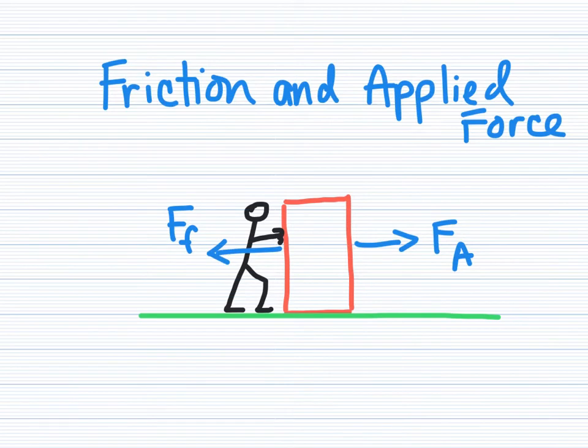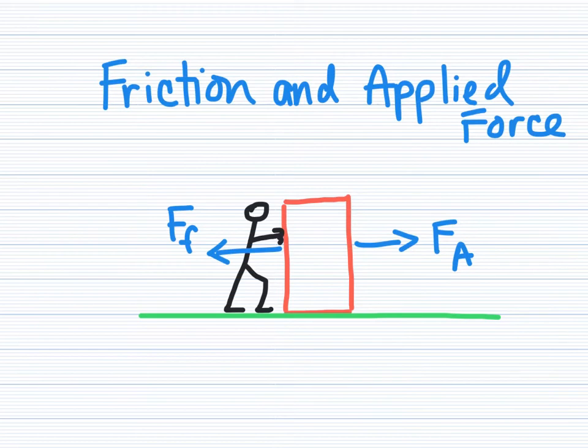Now let's imagine for a second that the refrigerator isn't moving. He's pushing really, really hard, but for some reason it won't go. And so the refrigerator is pushing back to the left. The reason the refrigerator is pushing back is because of friction. Friction is keeping the refrigerator from moving. These two forces are in opposite directions, and you notice that they are the same length, the same magnitude, the same size. And so they are balanced.